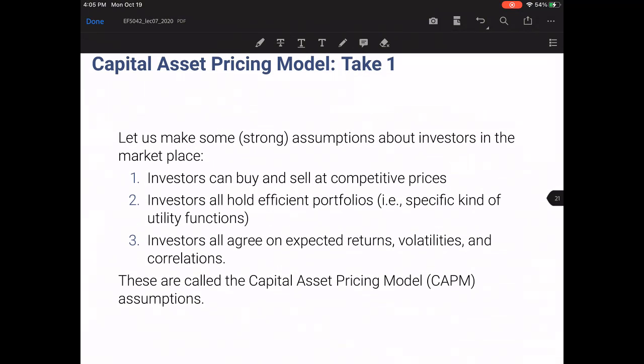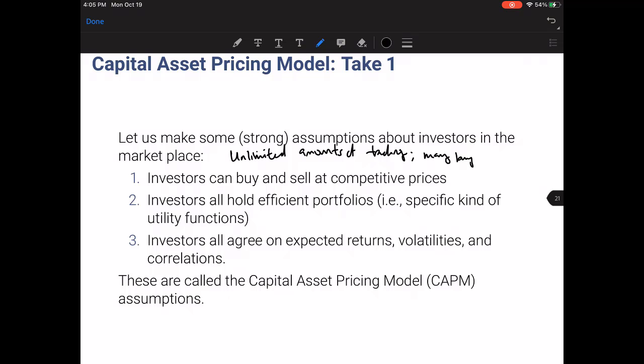So let me outline what I just said. That means unlimited amounts of trading, many buyers and sellers.